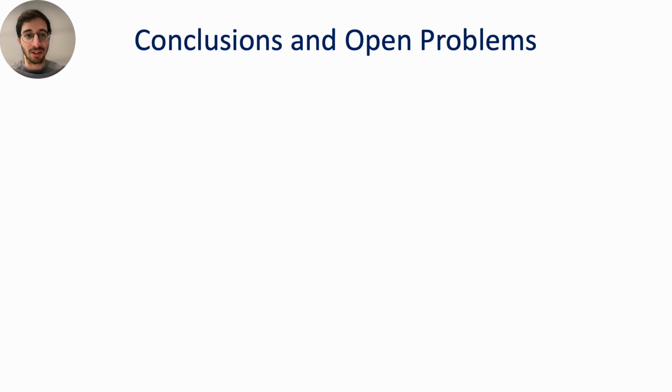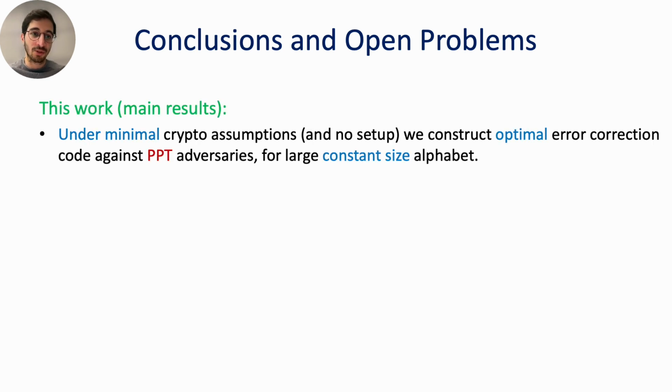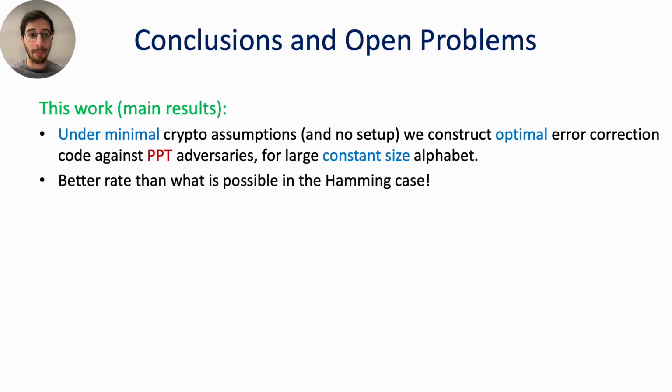This concludes our construction. And now I can conclude by stating some open problems and conclusions. One takeaway from this talk should be that under minimal cryptographic assumptions, without any setup, we are able to construct optimal error correcting codes for PPT adversaries for large constant size alphabet. And this is strictly better than what's possible for Hamming channels.